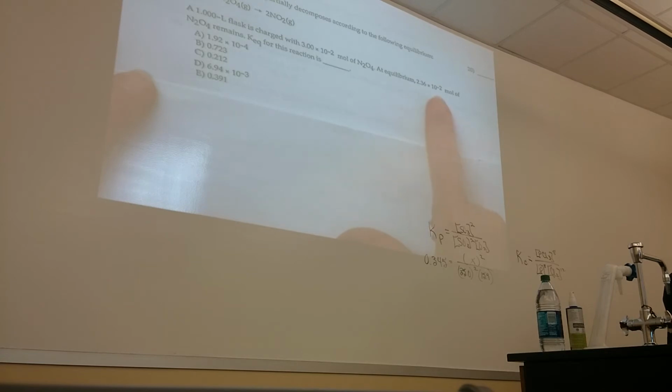At equilibrium, 2.36 times 10 to the minus 2 moles of N2O4. We're talking brain strain on this one because this here is kind of code, so that means initial. So let's see what we have to do.